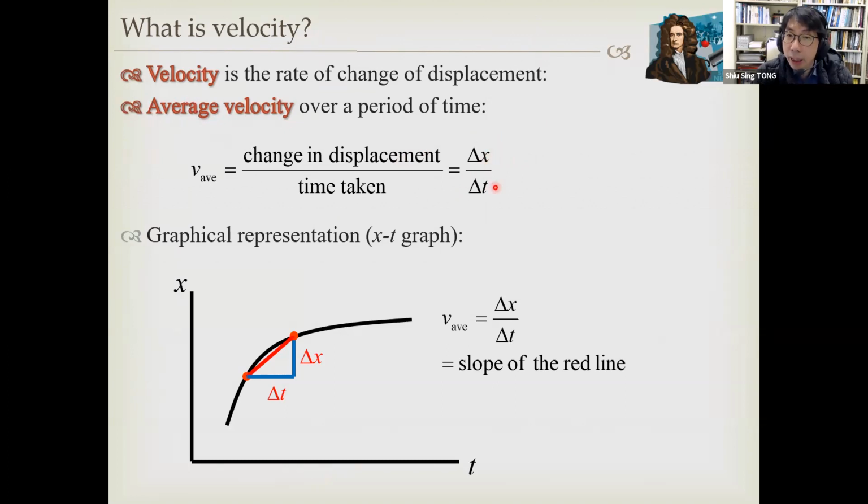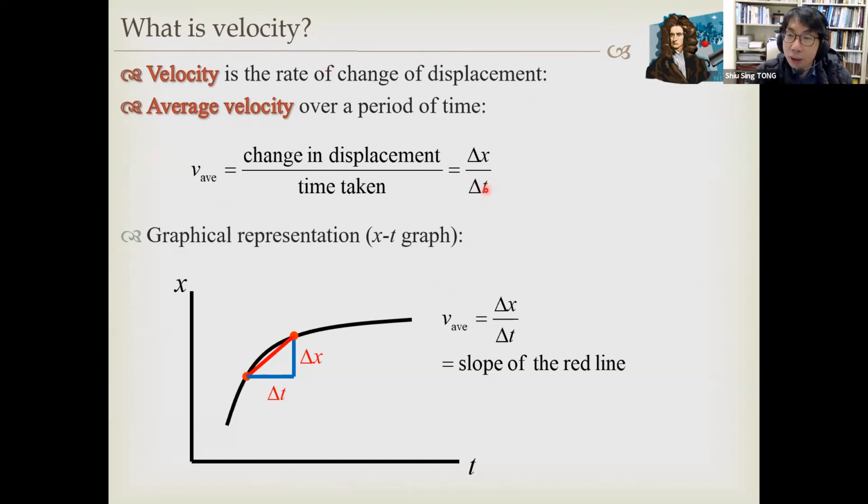So we divide delta x by delta t, and this is called the average velocity. We denote the average velocity by the subscript AVE. AVE means average. So as the name suggests, this is not the instantaneous velocity. It is only the average over a period.